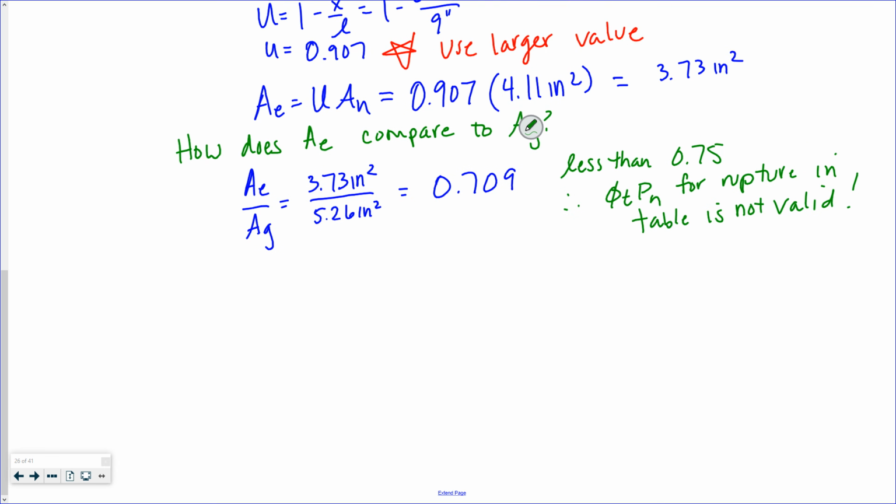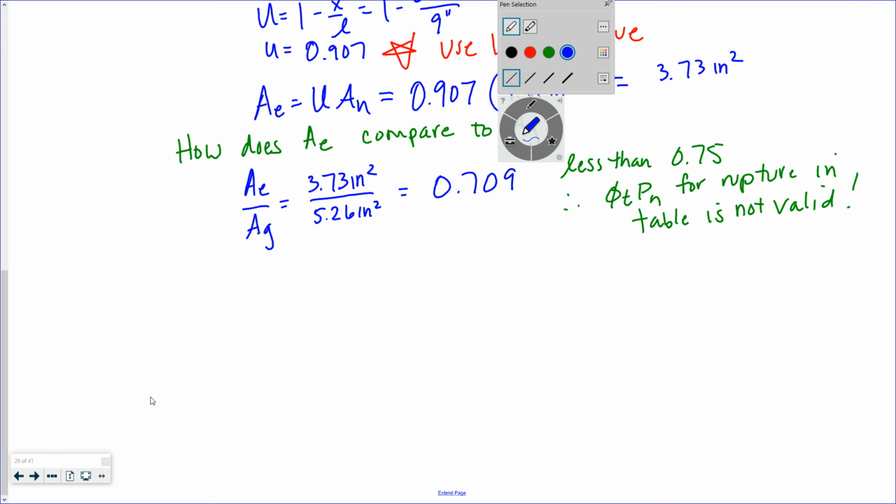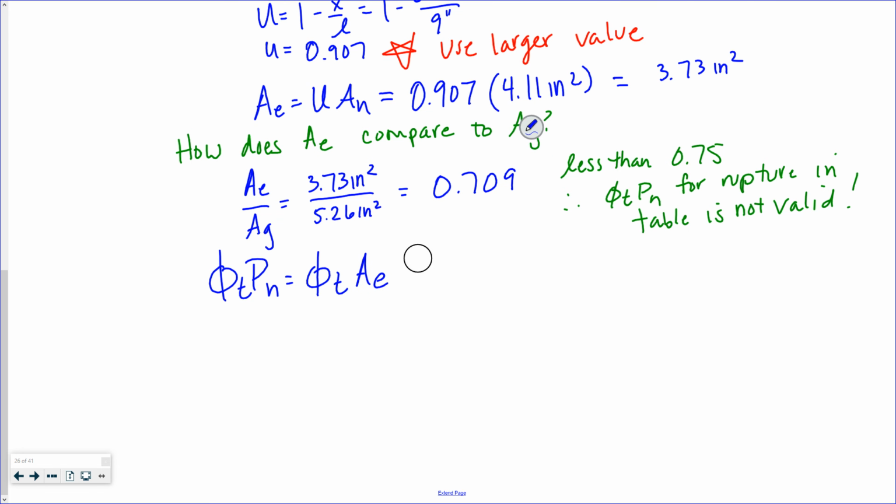So my rupture, I can actually calculate it. Phi Tn is my phi for rupture times my effective area times my ultimate tensile strength, where the phi for rupture is 0.75.